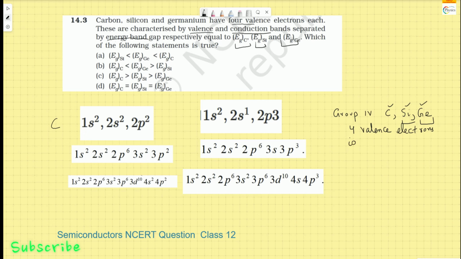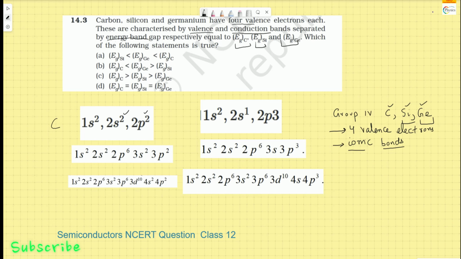Now, another interesting fact is that all three cannot create ionic bonds. Ionic bonds are not possible because it is way too difficult for the 4 valence electrons to leave the shells and be transferred, which is what is required for ionic bonds.